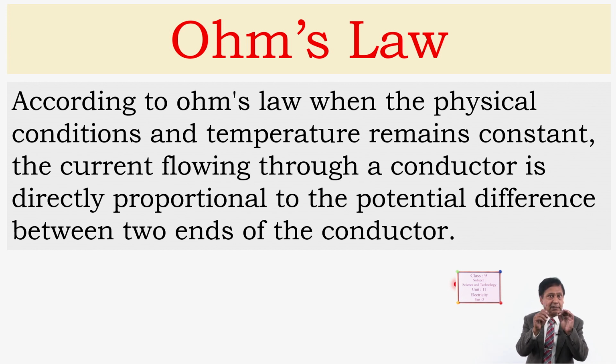And when three cells are used, the same bulb should be used. Physical condition should be the same, because the bulb has a filament inside it, and if the length of the filament is changed, the physical condition is changed. If the bulb is changed, then the power is changed, which means the physical condition is changed. Physical condition should be the same.